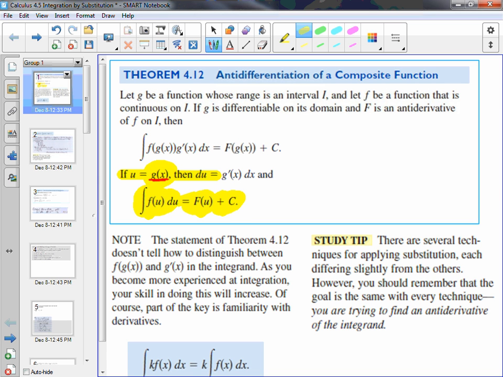It's a function itself. It's an equation. It's a function. Okay? So this part right here that I just kind of glossed over, that g prime of x dx, that's important. That du right there has to be the same thing as g prime of x dx.